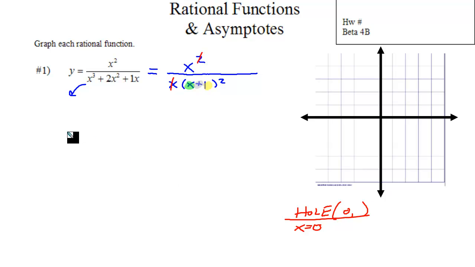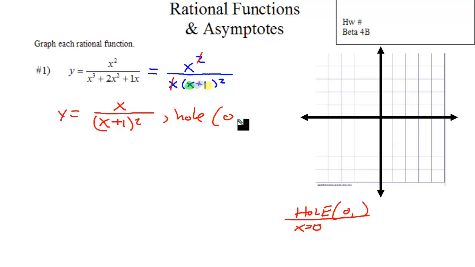So we're going to find that y value here in a moment. So this simplifies to y equals x over the sum of x and 1 squared, comma, but there's a hole in the graph at 0, something.